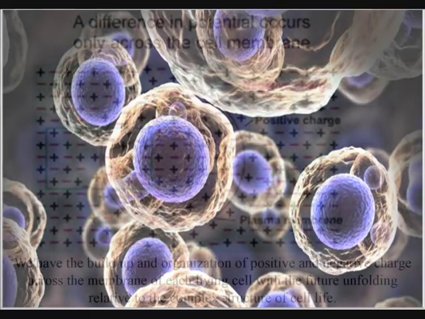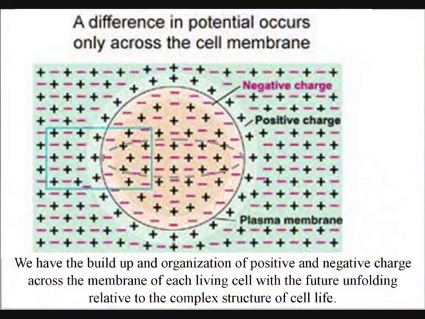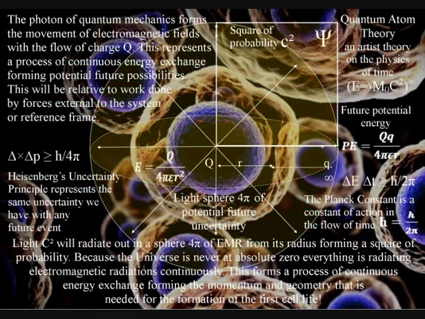Biological fluids can form a kind of Faraday cage, with the build-up and distribution of positive and negative charge across the membrane of each living cell. We have a republic of living cells with cellular processes from metabolism to communication being governed by this universal process.